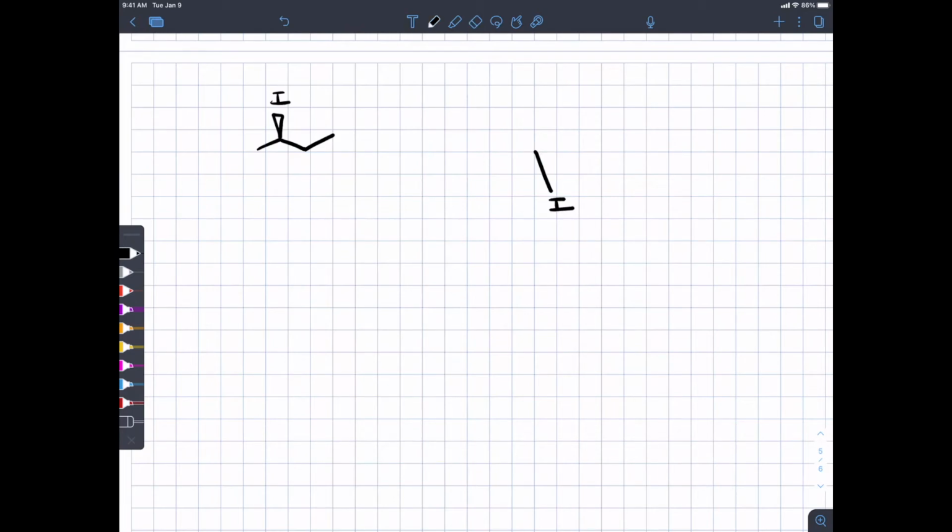I'm hopefully not going to get the stereochemistry wrong. Maybe I will. I don't know. I'm getting kind of nervous. Would the methyl group be up? Okay.